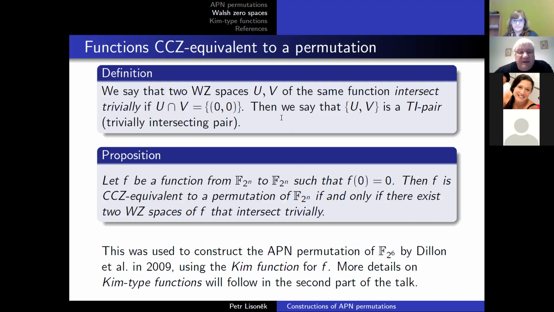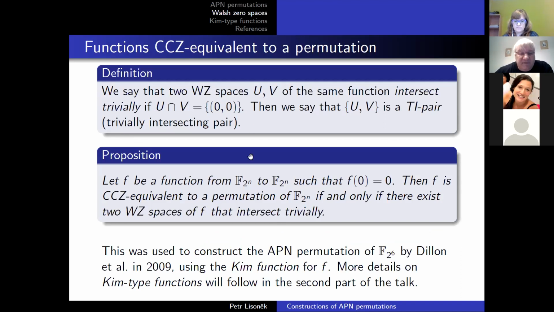So one more thing that I need about the Walsh zero spaces, I need not just the spaces themselves, though those are already interesting, and that's the work of Canteaut and Perrin, where they show their importance. But for our work, we also need actually pairs of such spaces that intersect trivially. That means only at the origin, and then we'll call them a TI pair, for trivially intersecting pair.